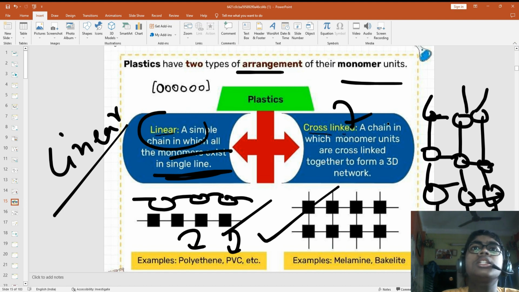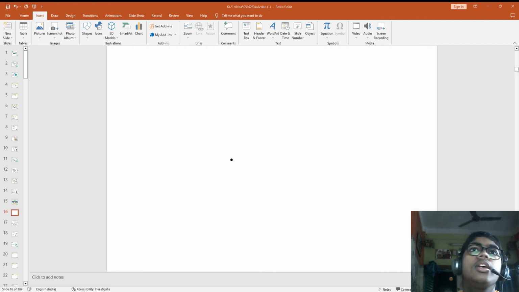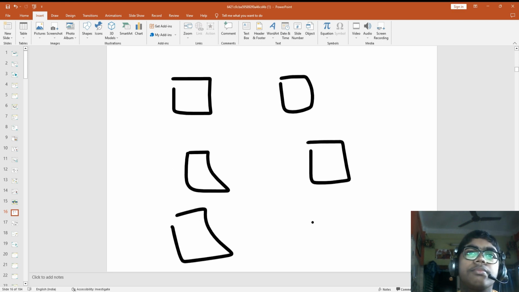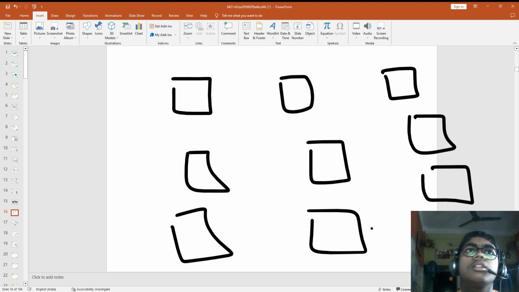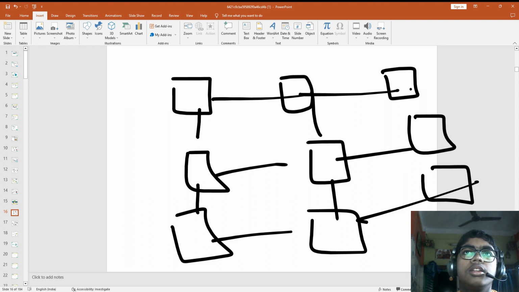Now cross-linked: a chain in which monomers are cross-linked together to form a 3D network. This is the monomer. Just let me draw. Okay, these are the monomer units. How are they joined? First, they are joined linearly. Then they are joined in this way.